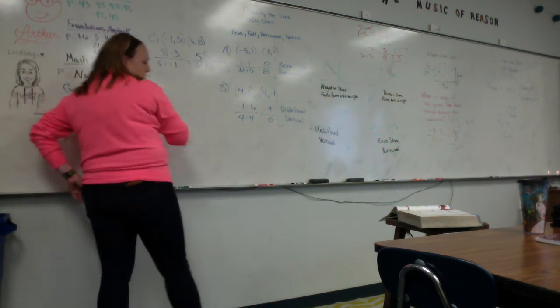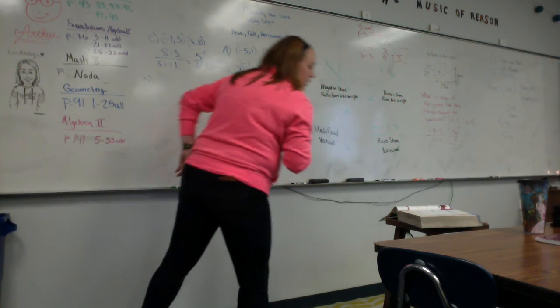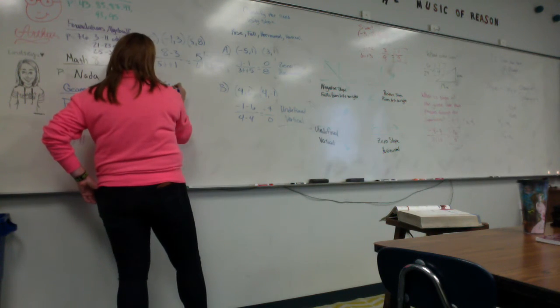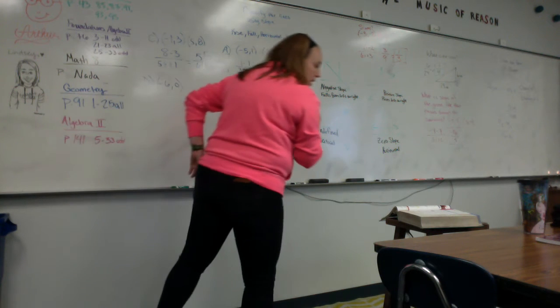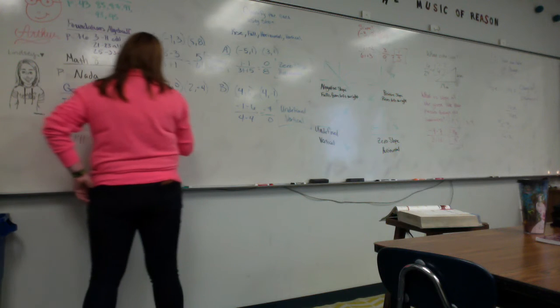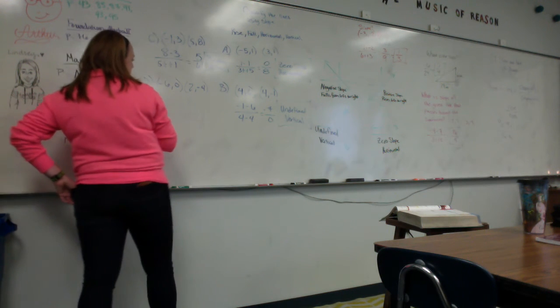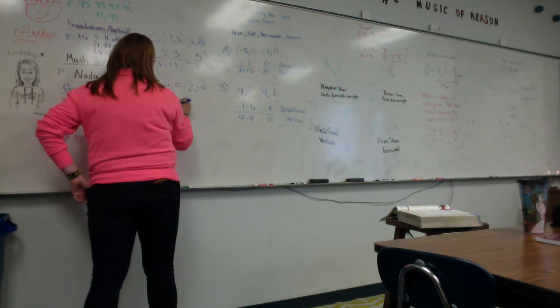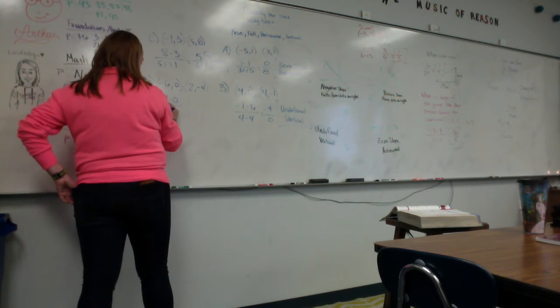And then the last one is -6, 0. And 2, -4. What do I do there? Okay, over. 2 minus -6.